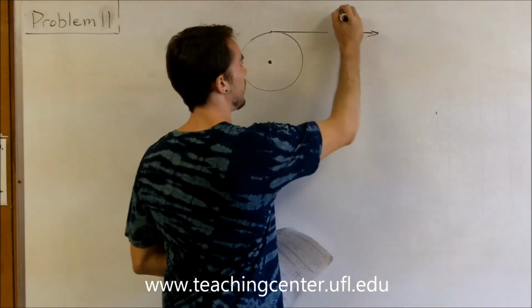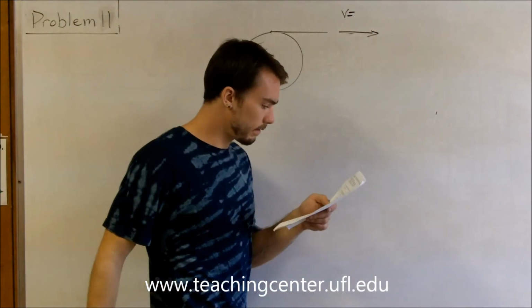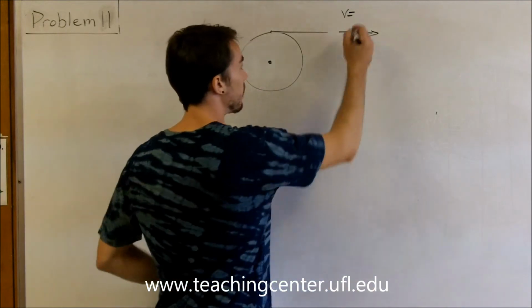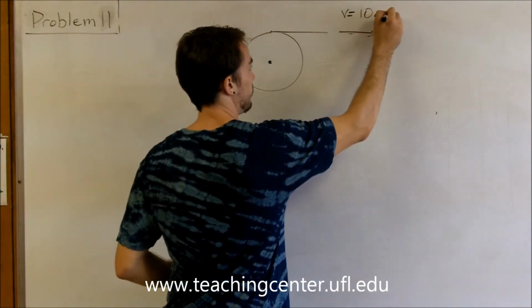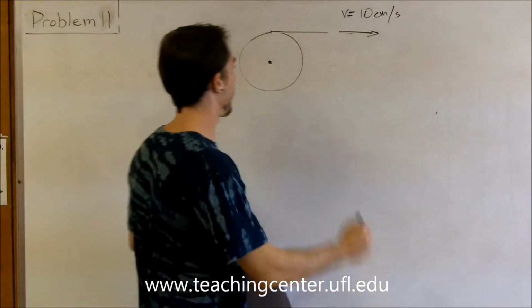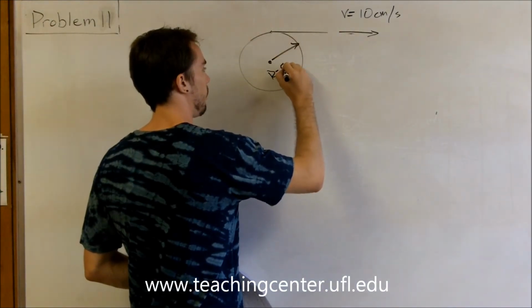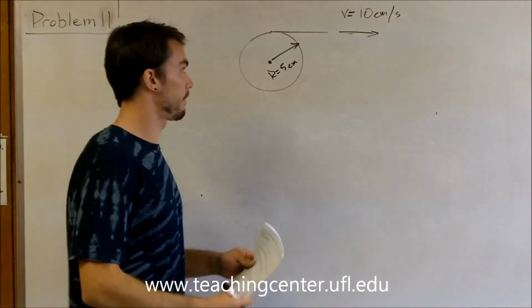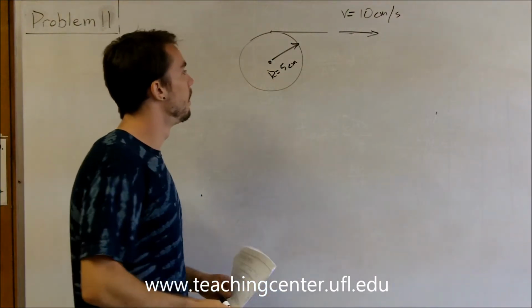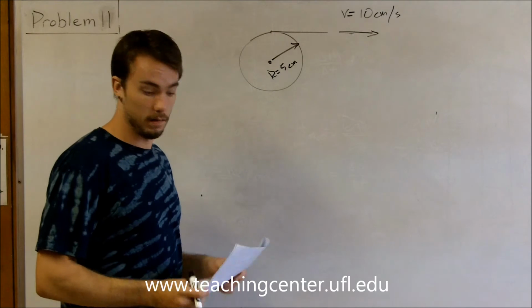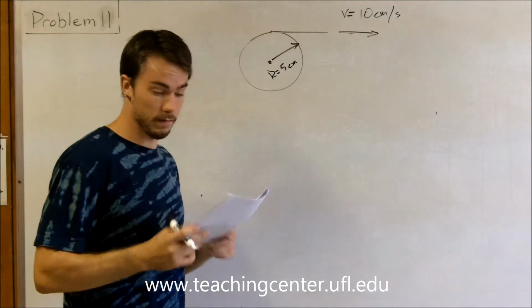So we know the velocity it's pulled out at is going to be equal to 10 centimeters per second. And they gave us the radius, r equals 5 centimeters. Now, they want the angular velocity of the cylinder.